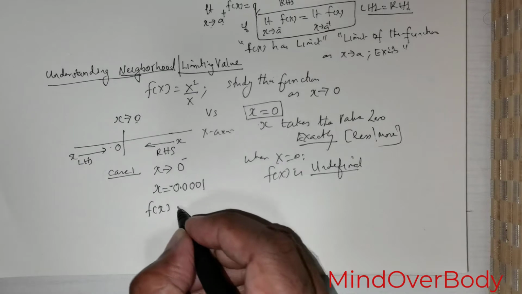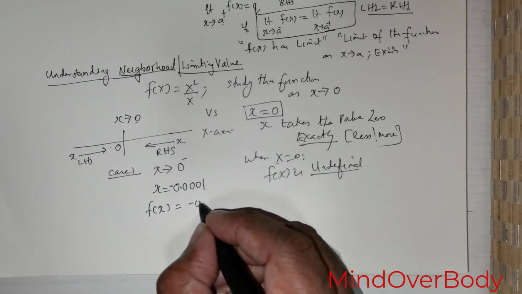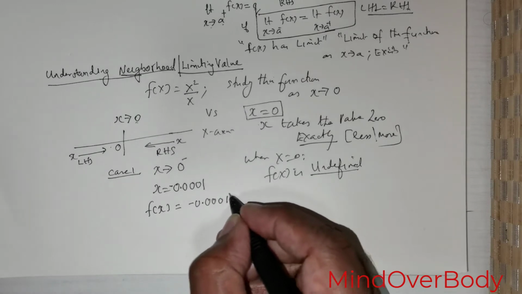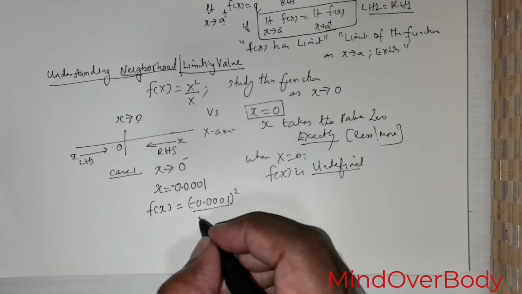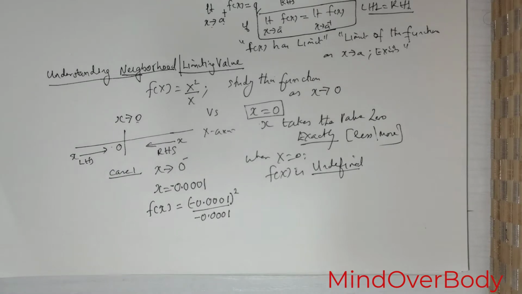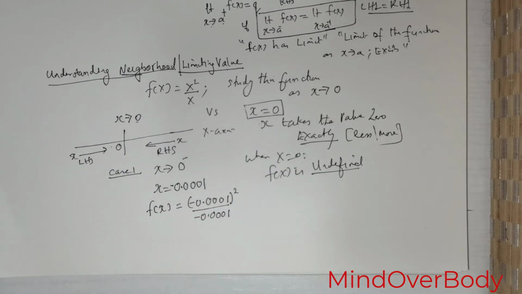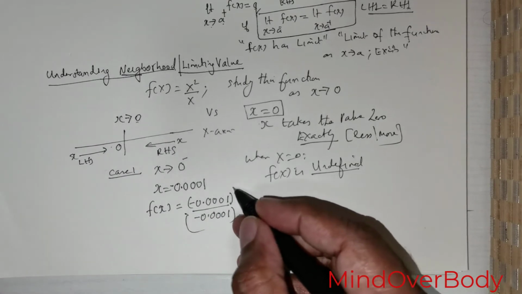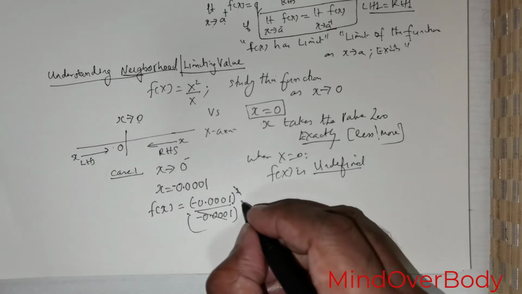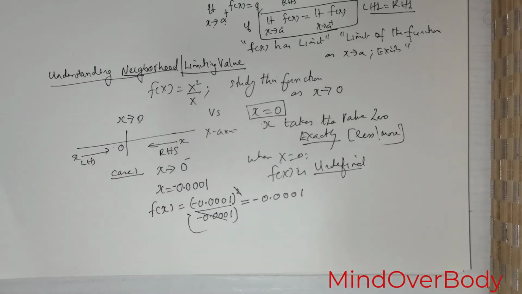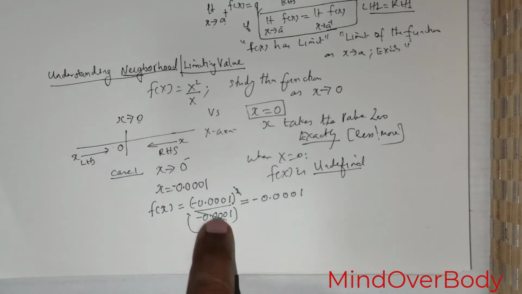So f of x is going to be equal to negative 0.001 raised to the power of 2 divided by negative 0.001, and definitely there is going to be a value here. So we can cancel one of the quantities here, and that would give us negative 0.001.